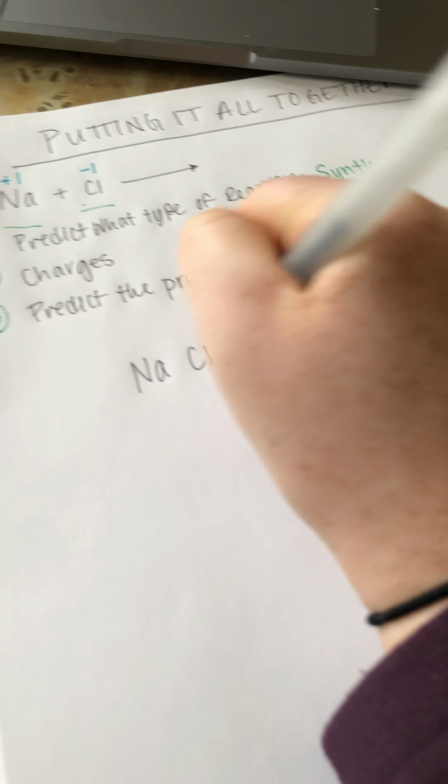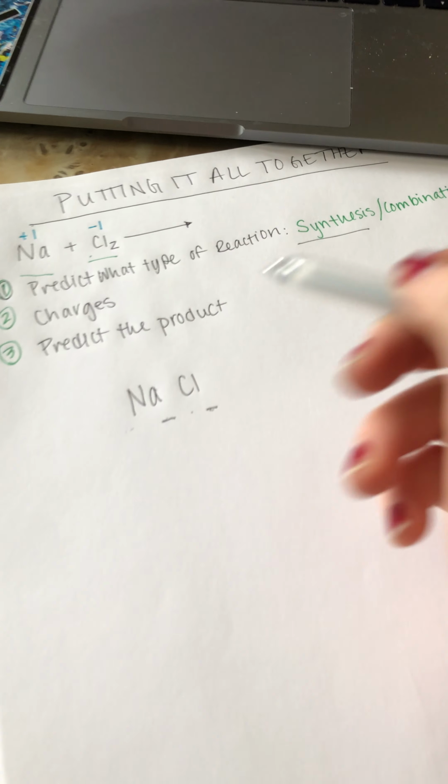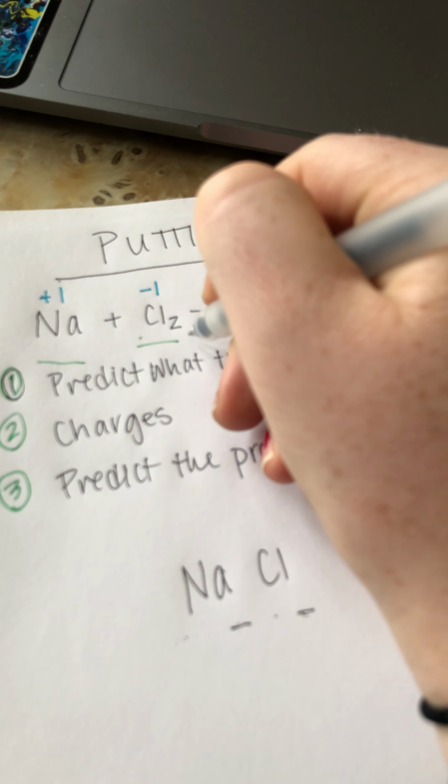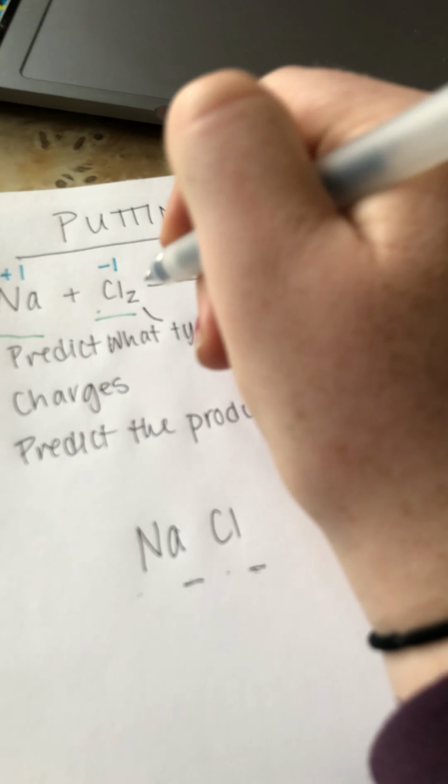Oh, this is actually Cl2, but even though that's Cl2, we're still going to get NaCl combined, and we need to figure out what those subscripts might be. Remember that this right here, this little 2, that is a subscript, right? So we need to figure out, are there going to be subscripts here?